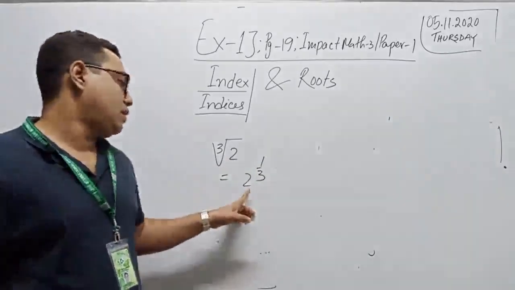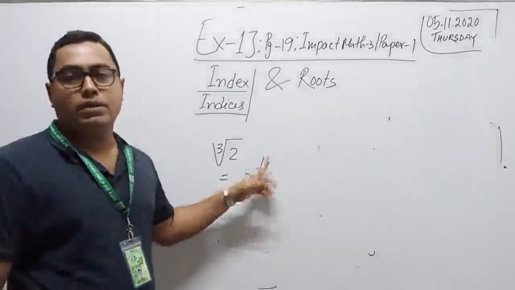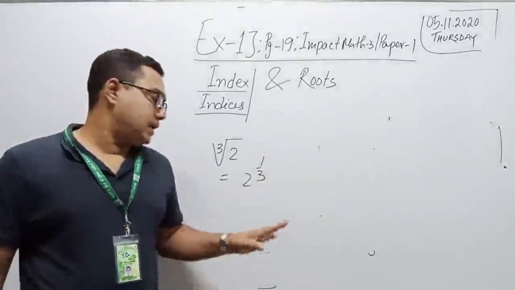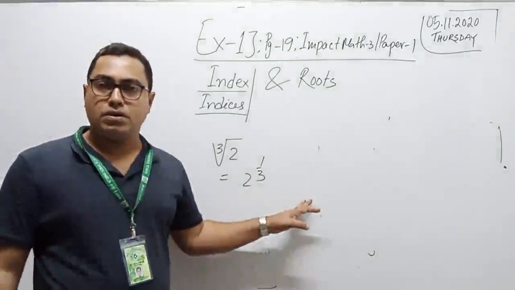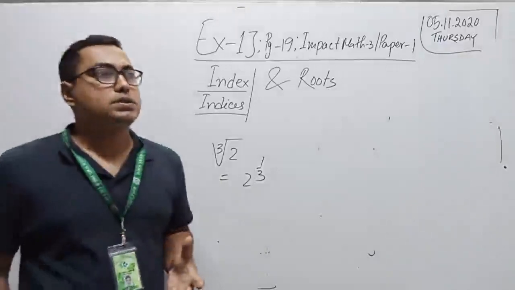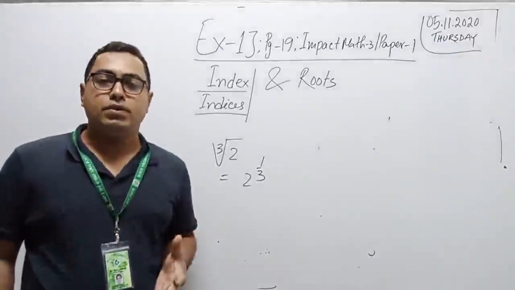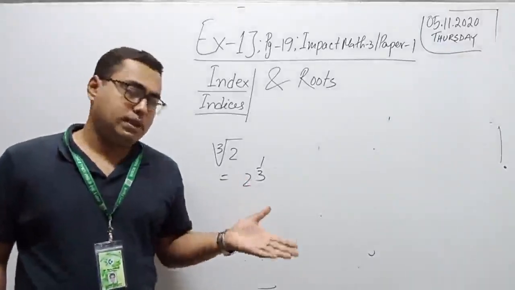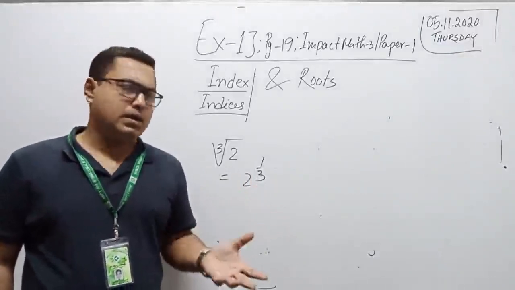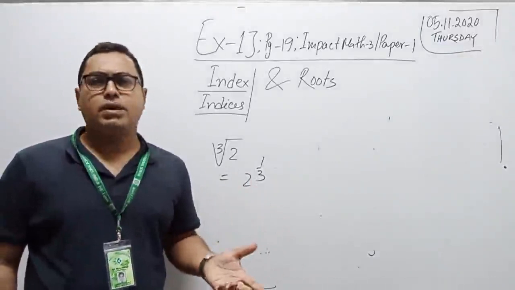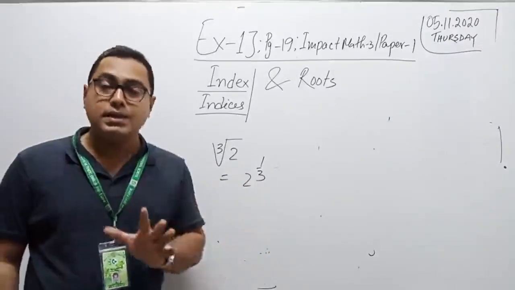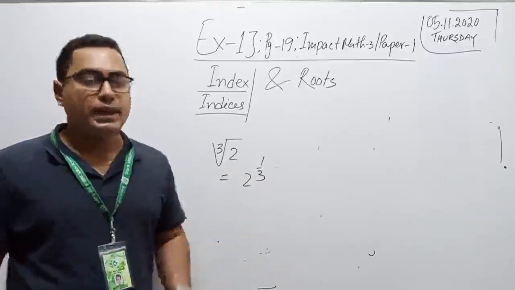But here, 2 to the power 1/3, we will get fractional numbers. But it is right, not wrong. If you write any powers, it may give you a decimal number or integer number. A decimal number can be in rational form and irrational form, but it is in real form. You will get a number.